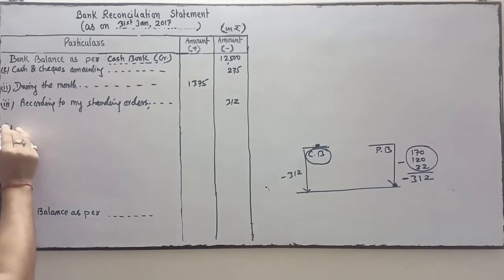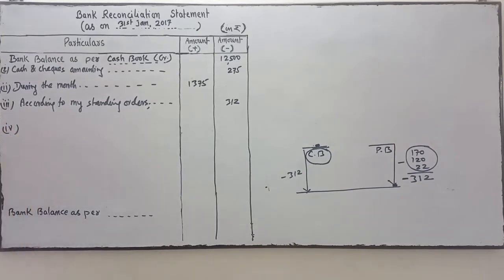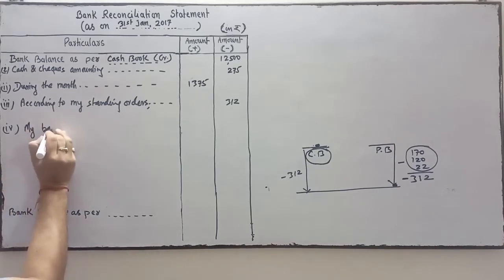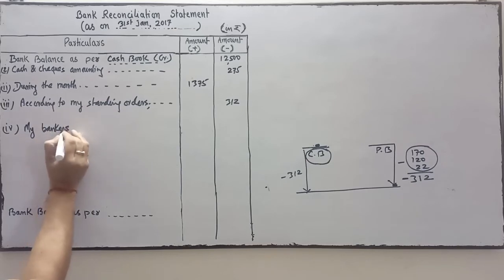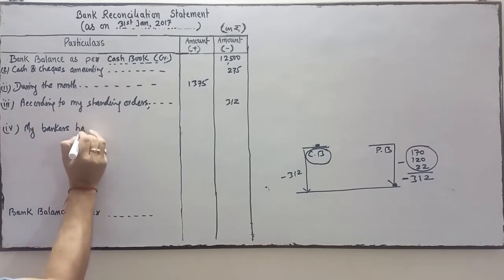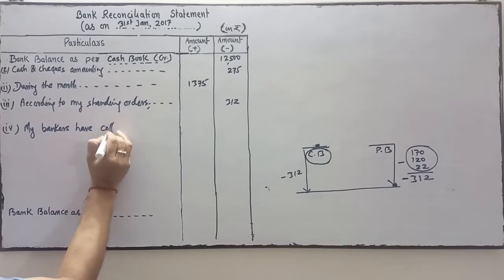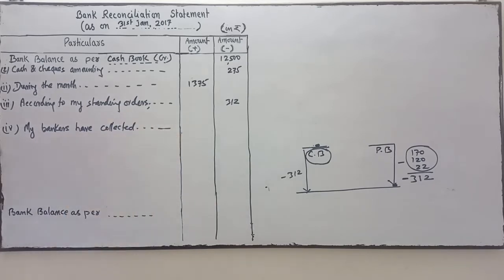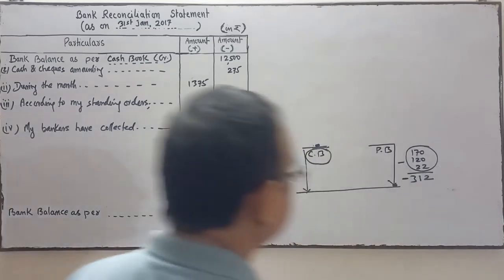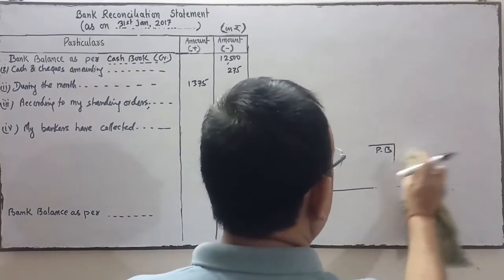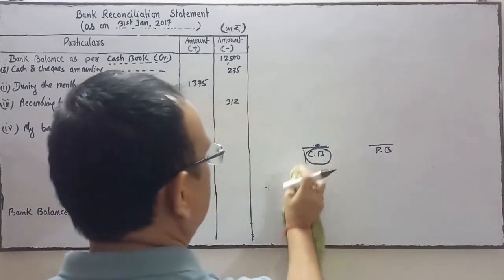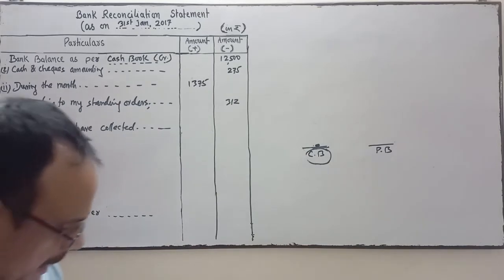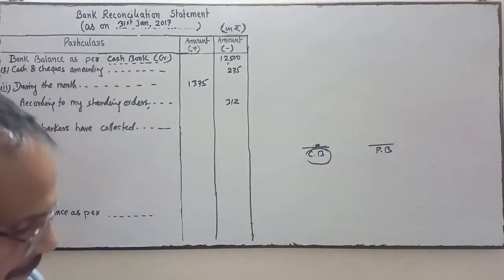Next is fourth number. My banker have collected. Okay, write the complete sentence. My banker have collected 150 as dividend on shares.